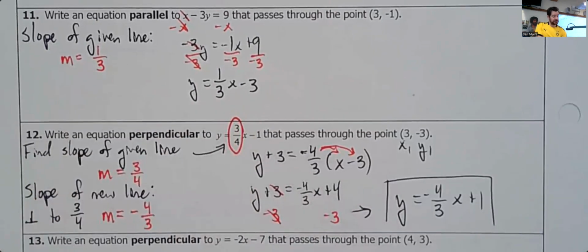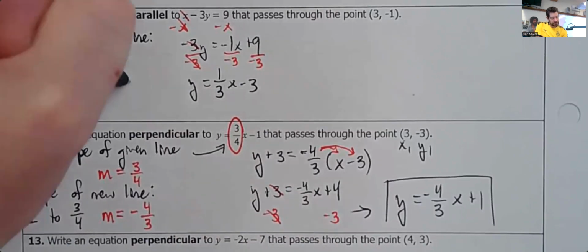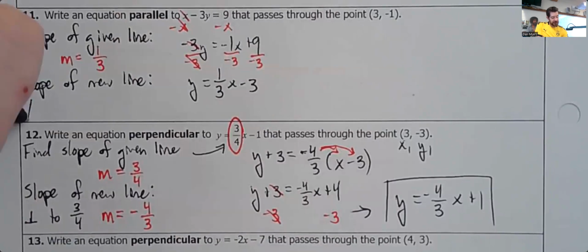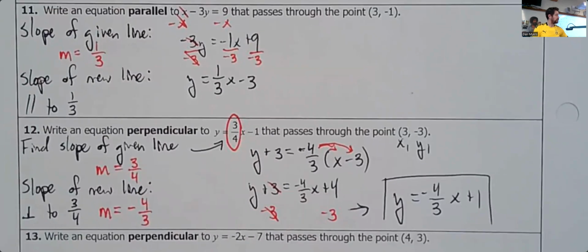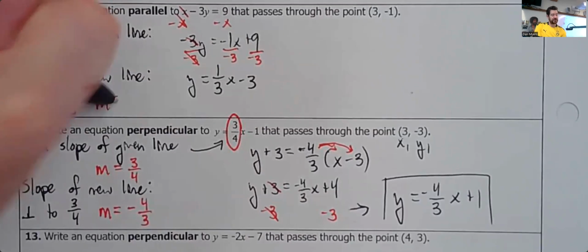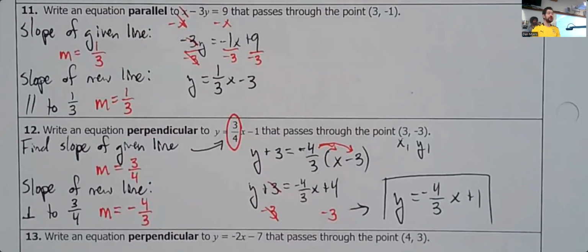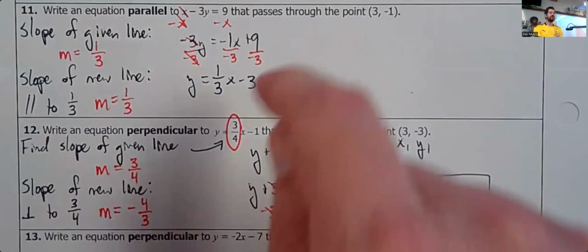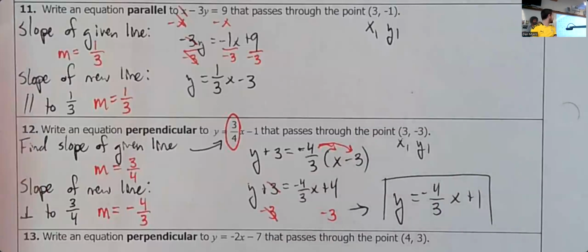So the slope of the new line needs to be parallel to 1/3. Parallel means what? In terms of the number, the same. So given line, slope of 1/3, new line, slope of 1/3. So I want you to finish the problem from here. We got x1 over here, we got y1 over here. So write your point slope equation and convert to slope intercept.